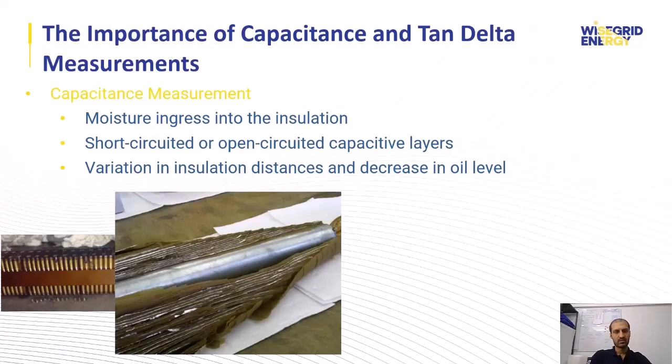In such a case, we will get higher capacitance in comparison to the old measurement, because some of our series capacitances are punctured or short-circuited, and we can find that our insulation is damaged.